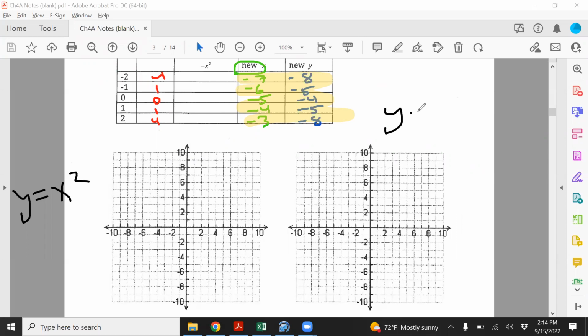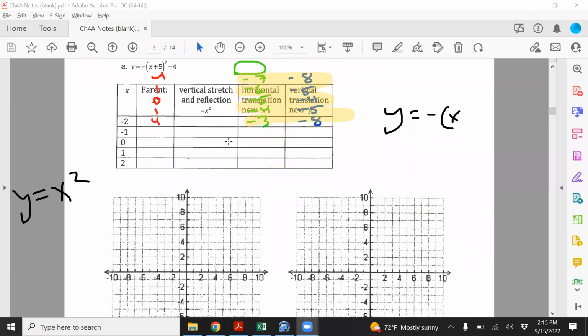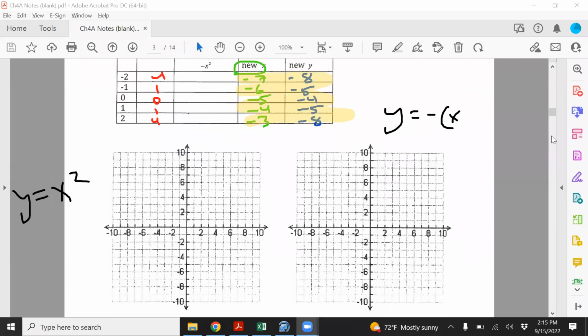Was it x plus 4? I forgot, what was the equation again? Plus 5. Thanks, Sally. y equals (x plus 5) squared. Guys, quiet, please. Okay, so here we go. Let's graph it. So (0, 0), (1, 1), (2, 4), (negative 1, 1), (negative 2, 4).